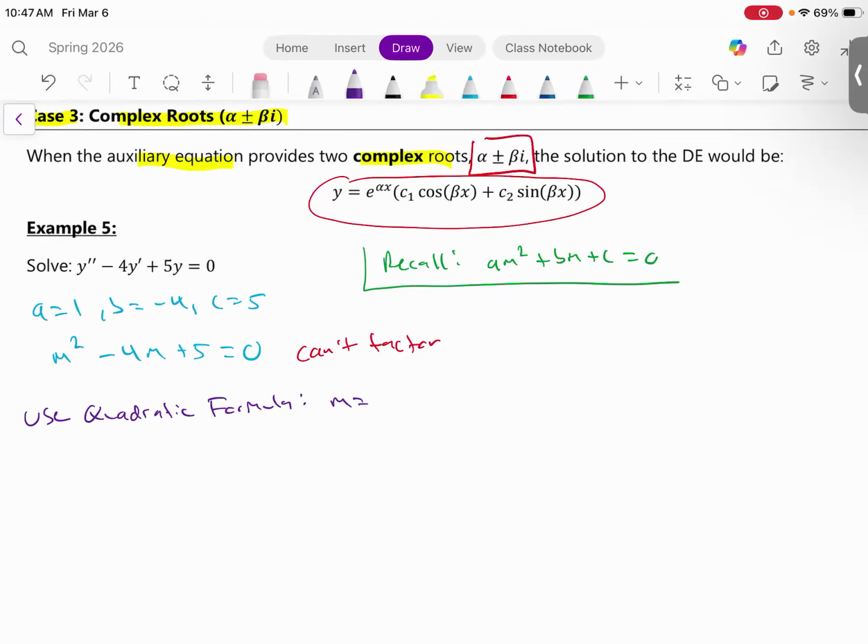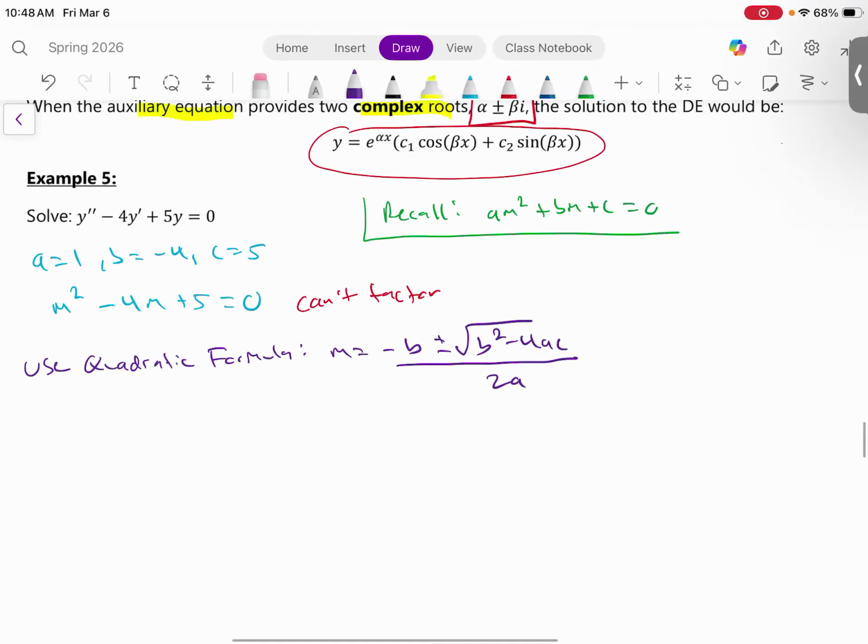I'm going to write m as opposed to x: m equals negative b plus or minus the square root of b squared minus 4ac, all over 2a.